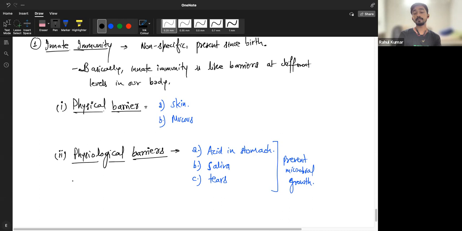Instead of preventing us from infections, these sweat glands can get infected themselves, and that causes acne and pimples on the body. So instead of defending, they are actually the places where infections can happen the most. If your sweat pore is open and you do not clean your face on a regular basis, that's why sweaty skins, those whose skin is oily, are said to be prone, because these sweat glands also secrete oil, right?